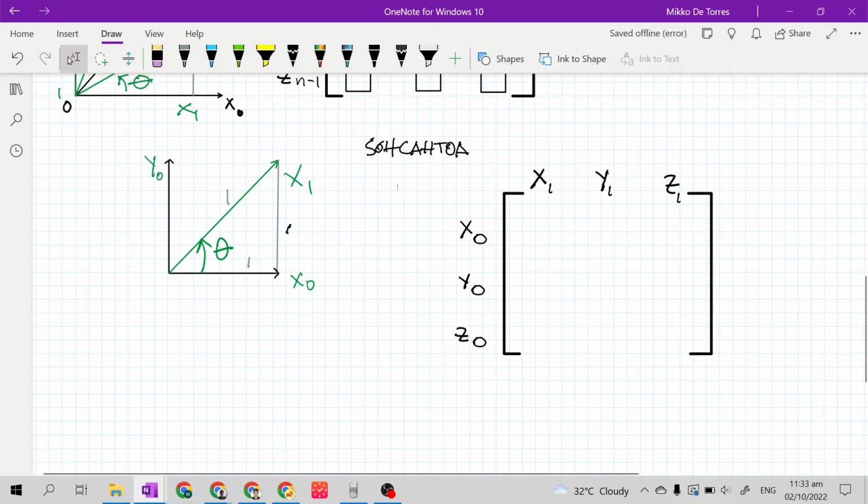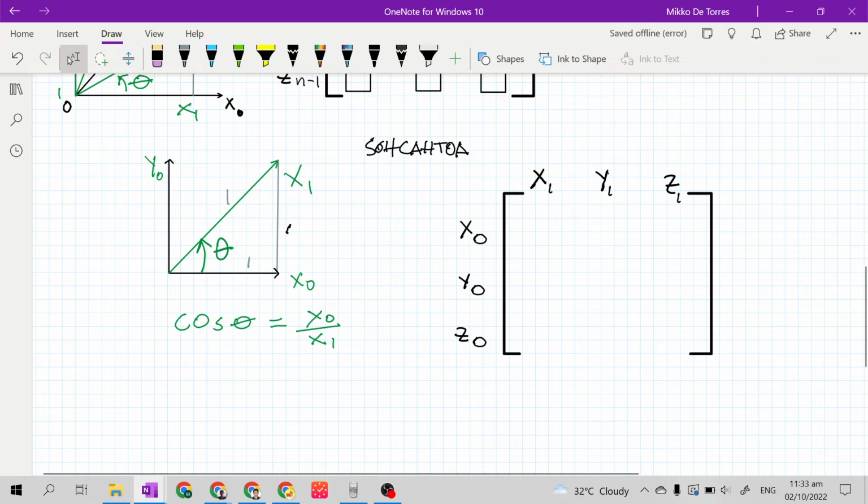So x sub 1 is projected to x sub 0 using cosine theta, or adjacent over hypotenuse. x sub 0 is our adjacent, x sub 1 is our hypotenuse.